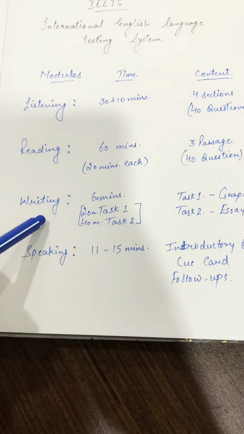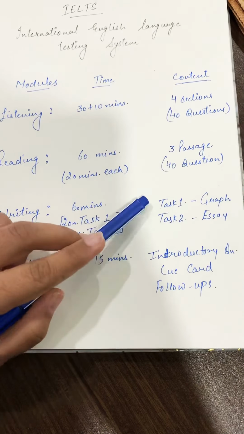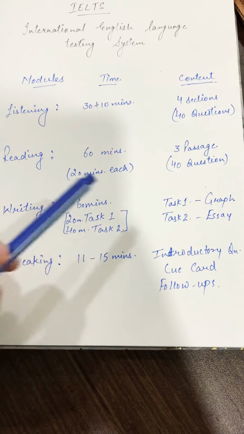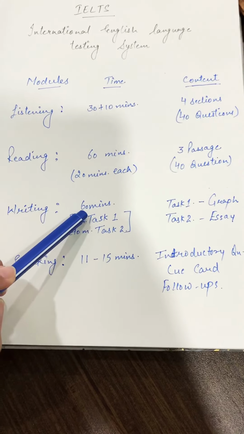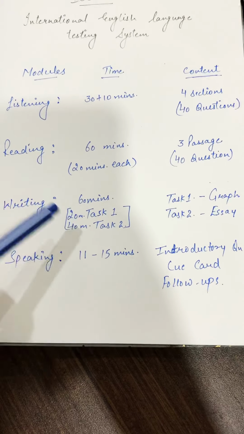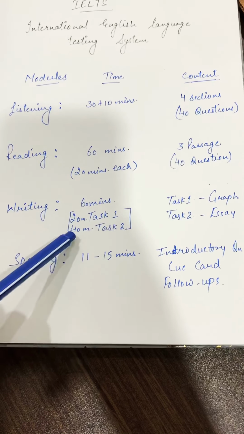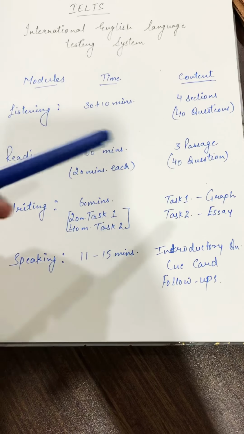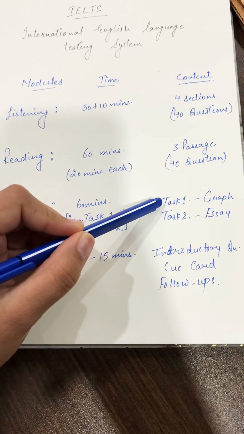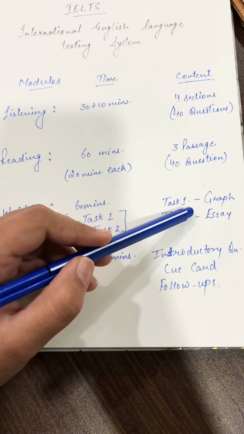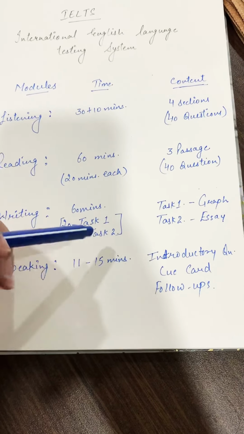So moving next, we have writing. In writing there are 2 tasks, task 1 and task 2, and the timing is the same as reading. It is also 60 minutes, where you will be given 20 minutes for task 1 and 40 minutes for task 2. In task 1 you will be given some type of graph, map, or pie chart.